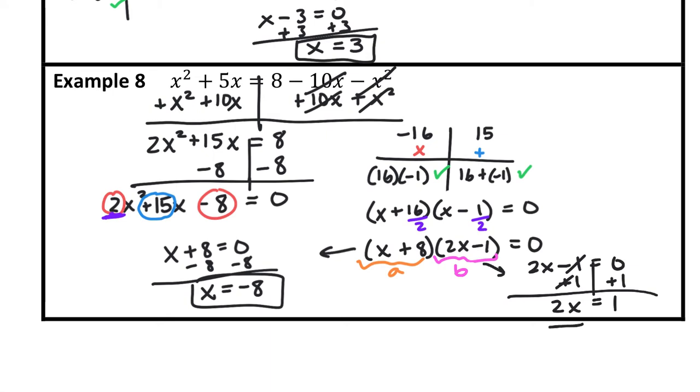Then divide both sides by 2. X equals 1/2. All right. So my two answers here are x equals negative 8 and x equals positive 1/2.